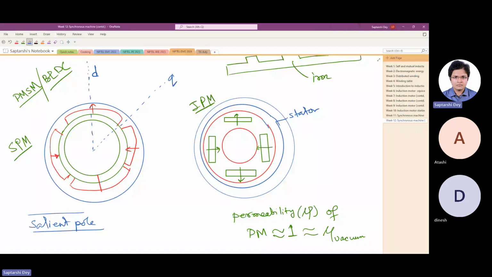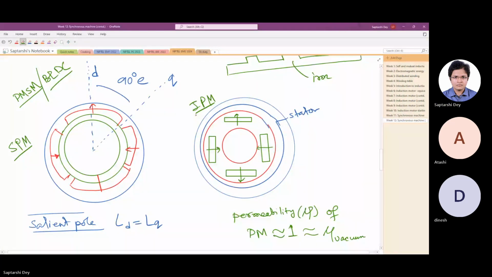They are 90 degrees apart, in this diagram also. They are 90 degrees electrical apart. It's a 4-pole machine, so 90 degrees electrical is 180, so 45 degrees mechanical. So d-axis and q-axis inductances are the same, LD equals LQ, although it looks like a salient pole. But this IPM is even more interesting.